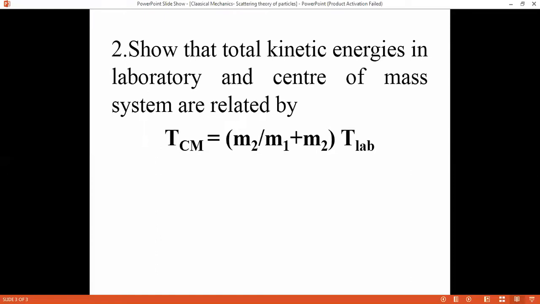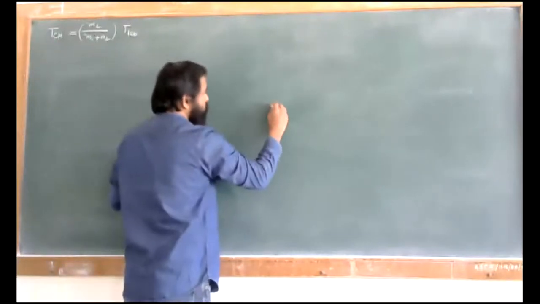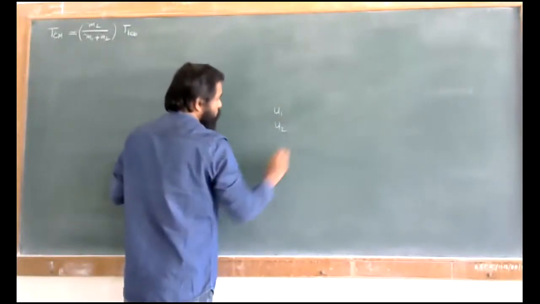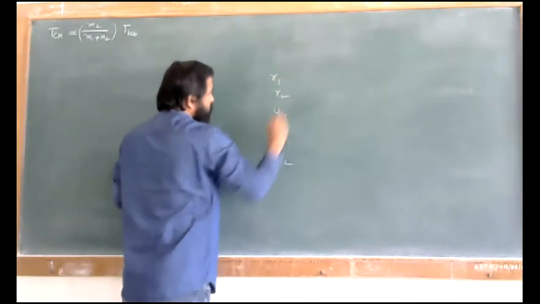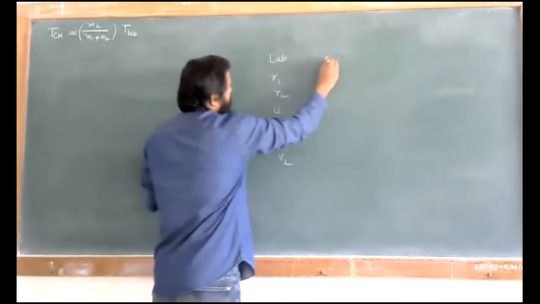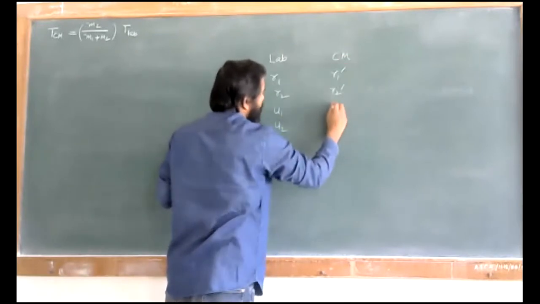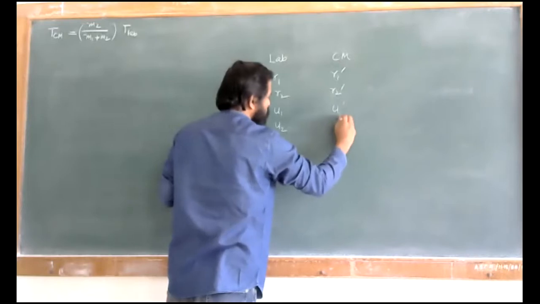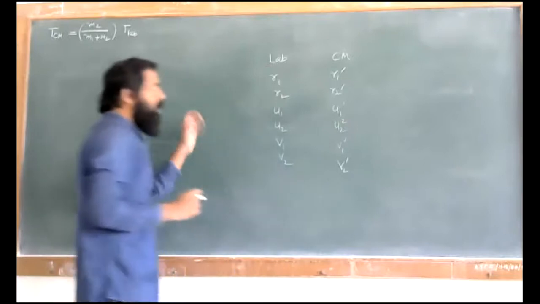Or in terms of position vectors, we have quantities r1, r2 in the laboratory frame, and r1 dash, r2 dash in the center of mass frame. So these are the different quantities.